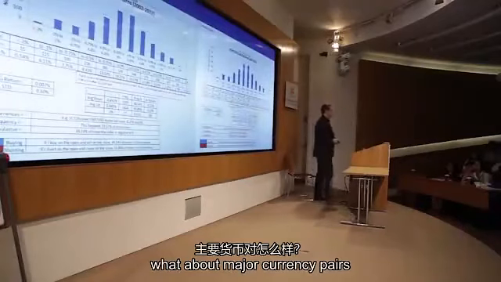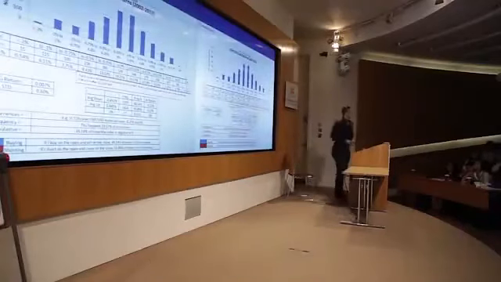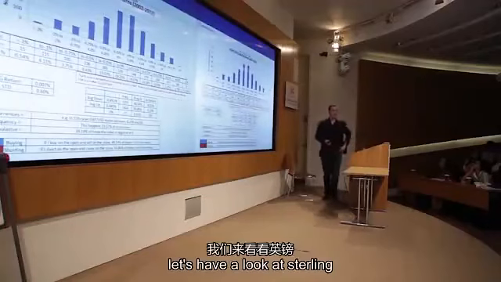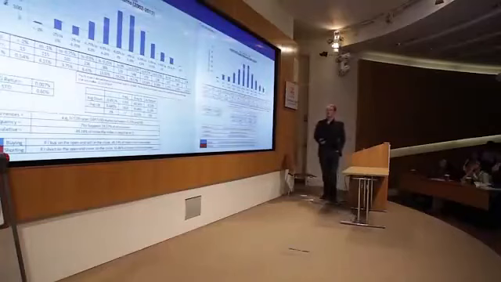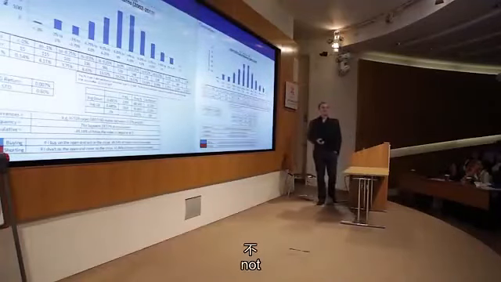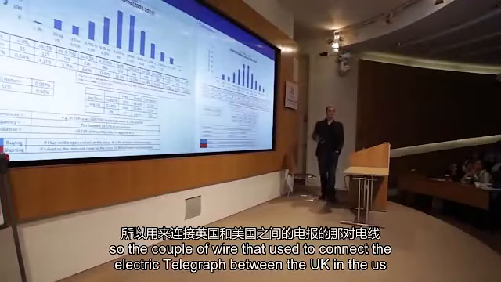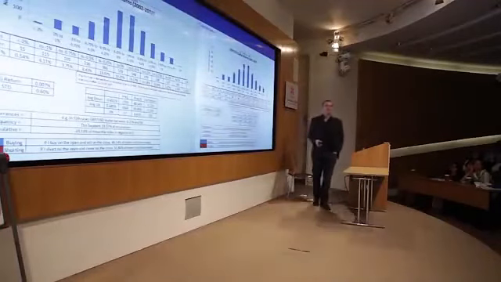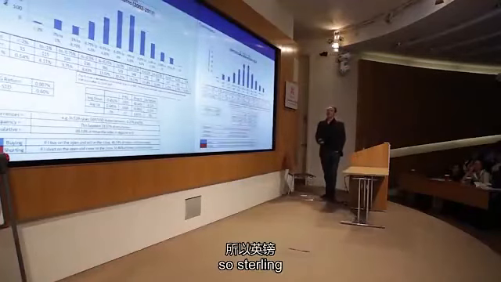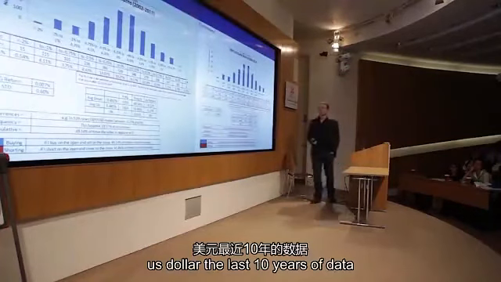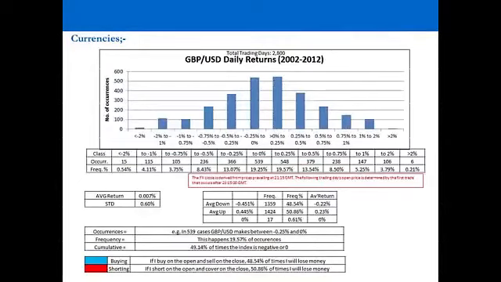What about major currency pairs? Let's have a look at sterling US dollar, cable. Who knows why it's called cable? Yeah. So the copper wire that used to connect the electric telegraph between the UK and the US. So sterling US dollar, the last 10 years of data, what do we end up with?